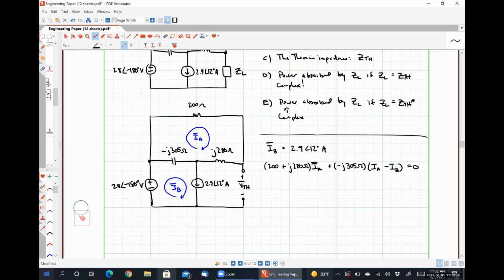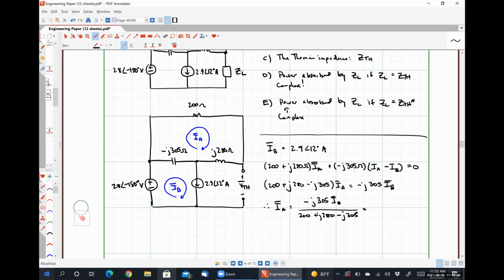So I'm going to have 200 plus j280 minus j305 times IA is equal to minus j305 IB. So IA is going to be negative j305 IB divided by 200 plus j280 minus j305. Anybody see any issues with my algebra there?